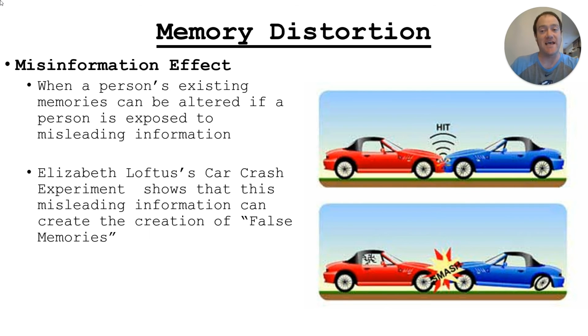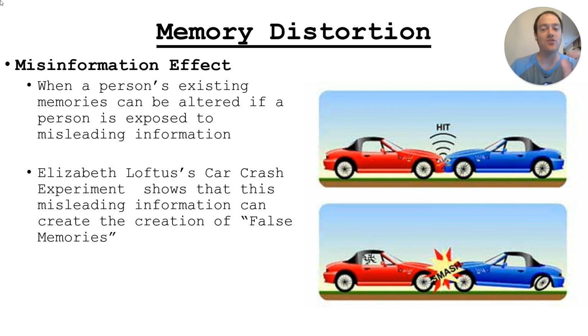And the other group was asked, how fast do you think the cars were going when they smashed into each other? What they found was that the difference in the term hit versus smashed made individuals recall memories falsely. The group asked about smashed always answered higher than the group asked about hit.